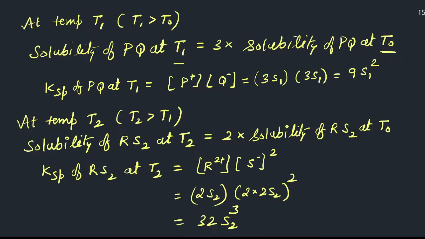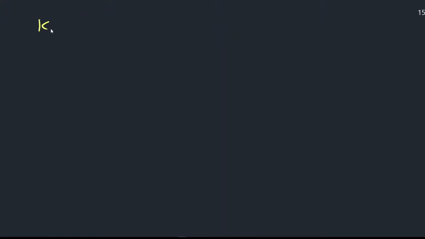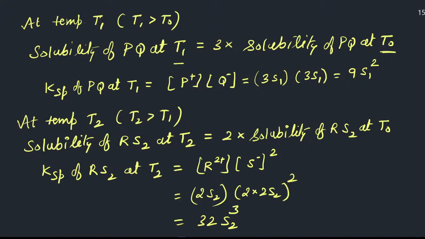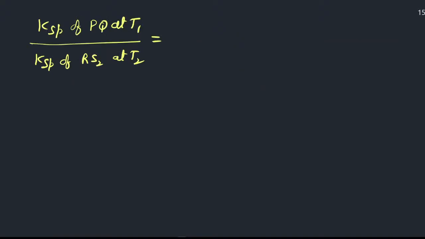So now to calculate the ratio, Ksp of PQ at T1 divided by Ksp of RS2 at T2 is equal to 9S1 square divided by 32 S2 cube.